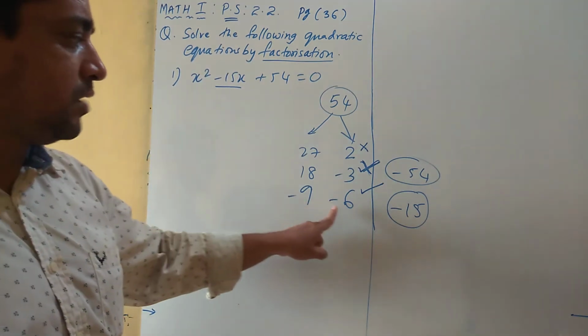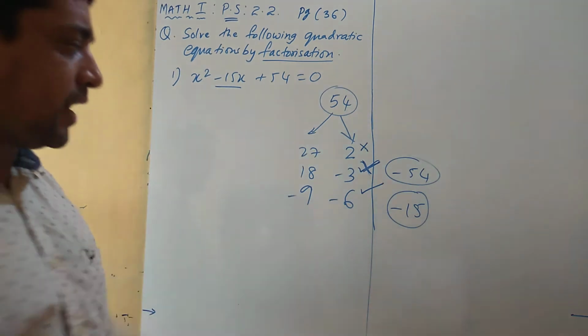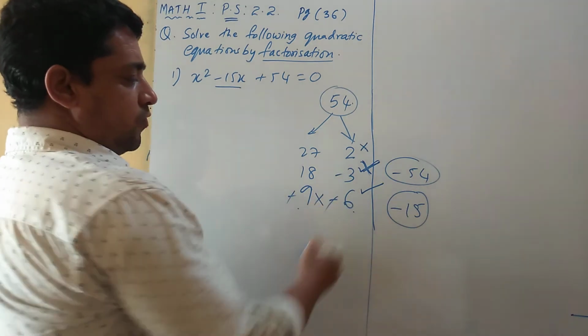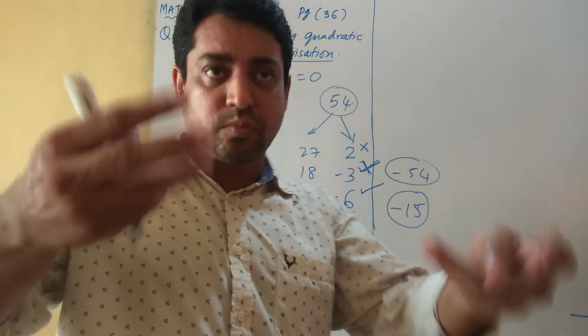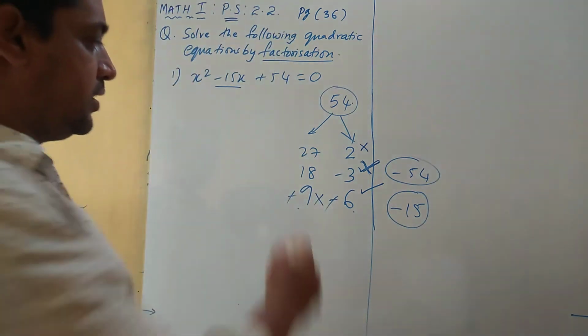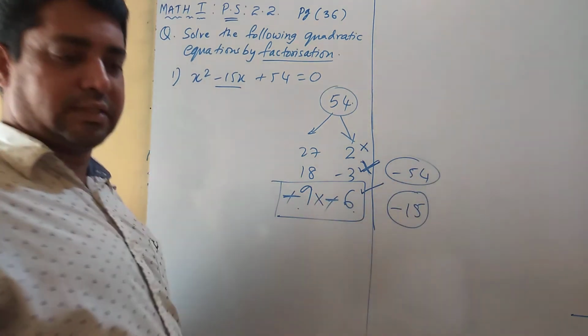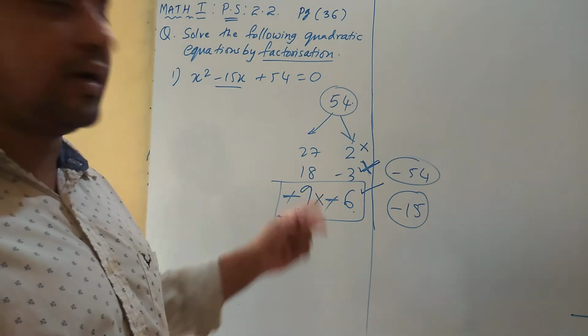So minus 9 minus 6 is minus 15. And when I multiply this, 9 times 6 is 54 and positive, minus minus gets cancelled. When we are multiplying two negative numbers, it becomes positive. So that means your correct pair is minus 9 and minus 6. Is it clear? This is how you have to find the correct pair.